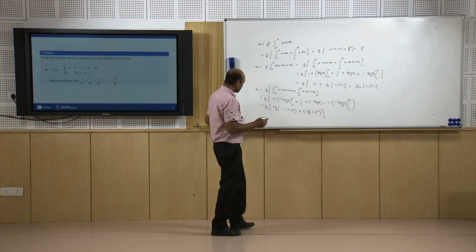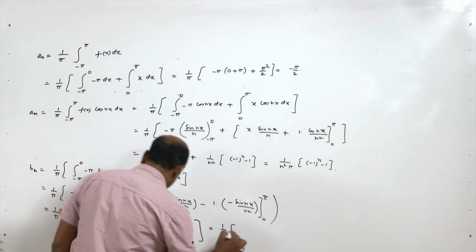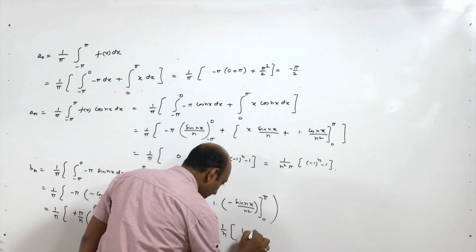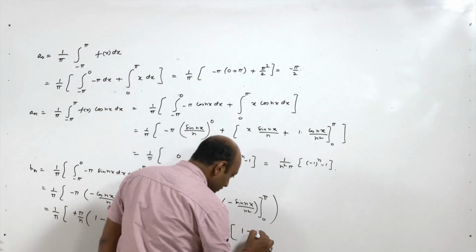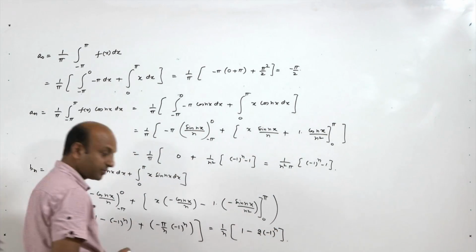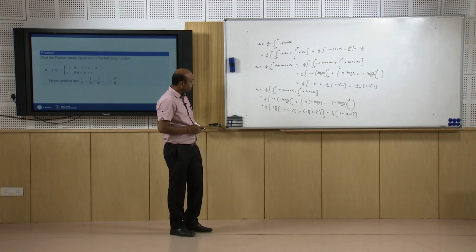So, 1 upon n will come out, pi will cancel, and it is 1 minus; the minus of this and the minus of this will add up. So, it will be minus 2 times minus 1 to the power n. Okay. So, this will come here.